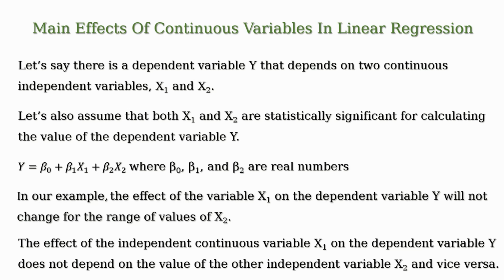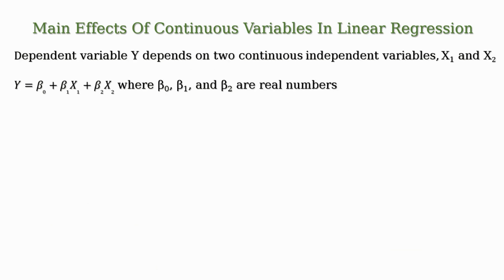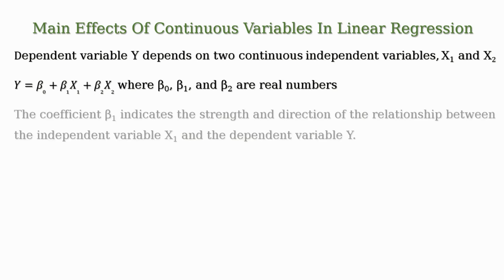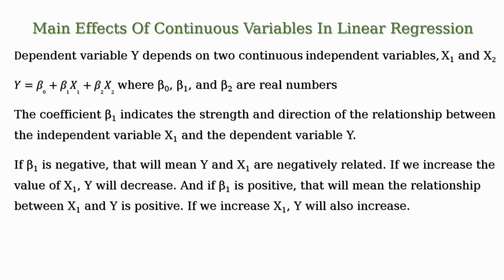At this point, the coefficient beta 1 indicates the strength and direction of the relationship between the independent variable x1 and the dependent variable y. If beta 1 is negative, that will mean y and x1 are negatively related. If we increase the value of x1, y will decrease.